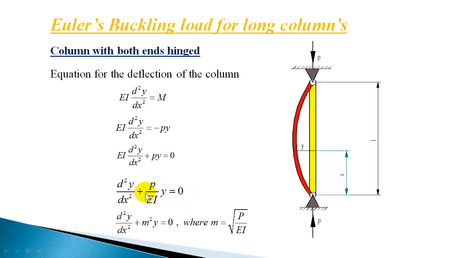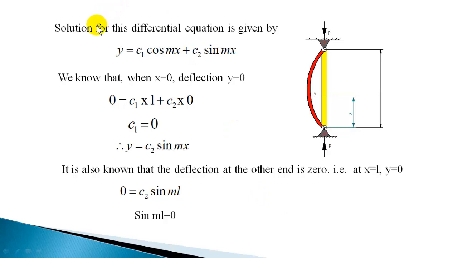Now replacing this P/EI by m², or m is equal to root of P/EI, you will get d²y/dx² plus m²y is equal to 0. Now the solution of this differential equation is given by y is equal to C1 cos mx plus C2 sin mx.